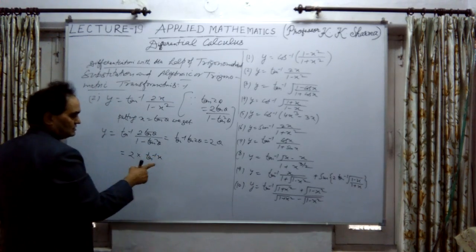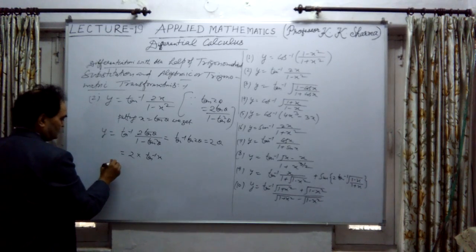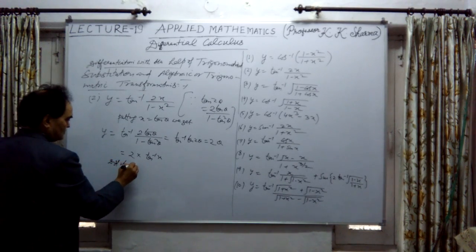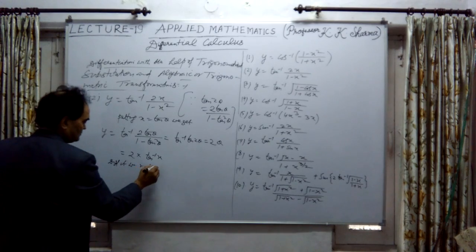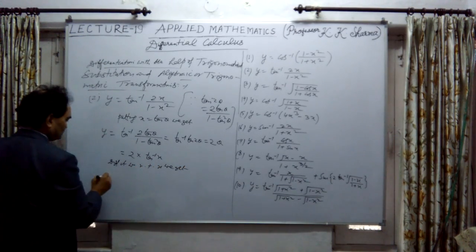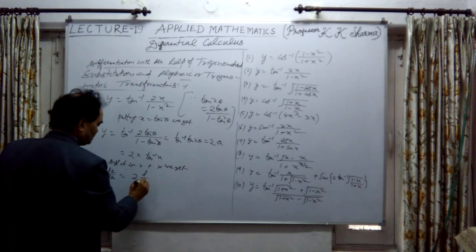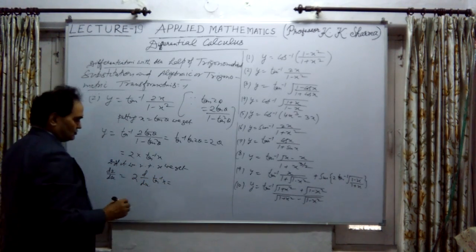Therefore, differentiating it now with respect to x, we get d/dx of y equal to 2 into the differentiation of tan inverse x with respect to x.